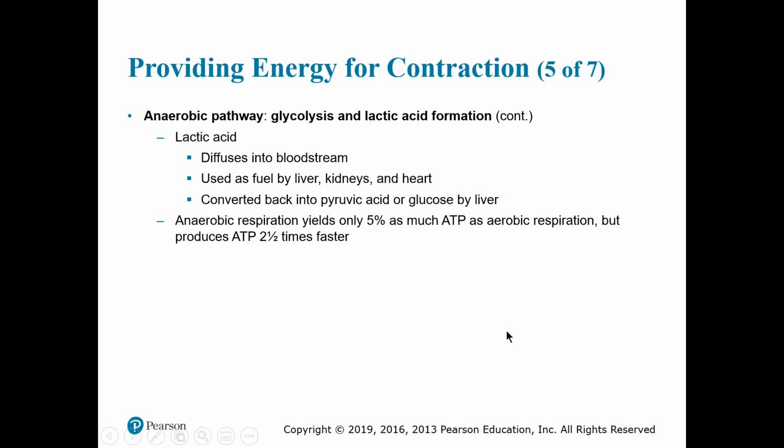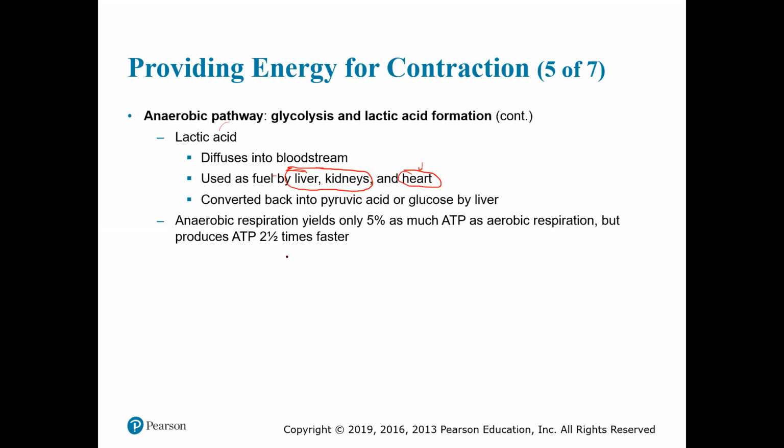Okay, so lactic acid will go into the blood, right, and it can be used for fuel for other processes in the body. You don't really want to use lactic acid for your heart, right? We only do when there's no oxygen. But other parts like the liver and your smooth muscle cells use lactic acid and anaerobic respiration all the time.